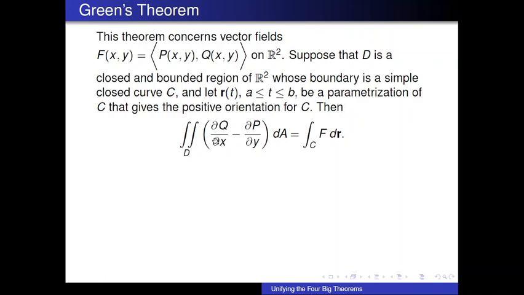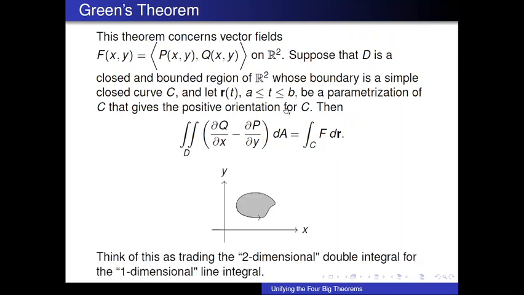Now, the reason that I wrote it this other way is that I'm trying to keep it in line with the other guys here. And so we can think of trading this two-dimensional integral here for a one-dimension smaller integral, a one-dimensional line integral on the other side of the equation.